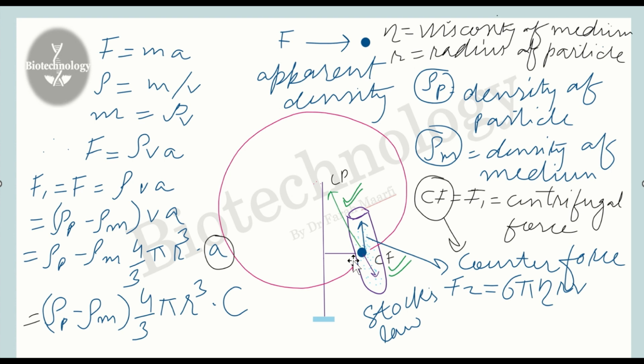And the particle sediments only until the F1 and F2 get equal. Means initially F1 and F2 are not equal, but as soon as they get equal, the particle sediments out.